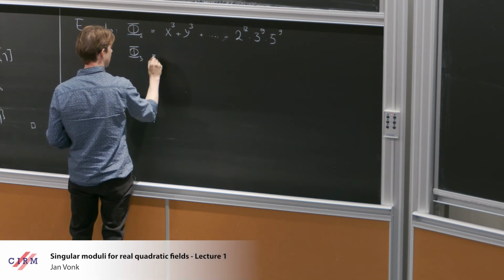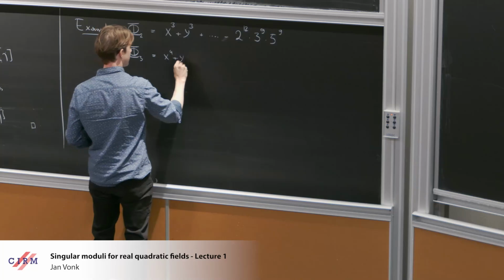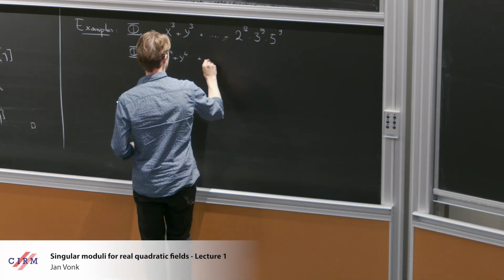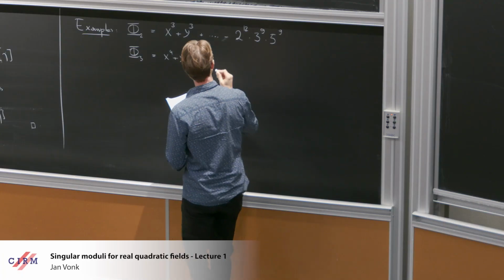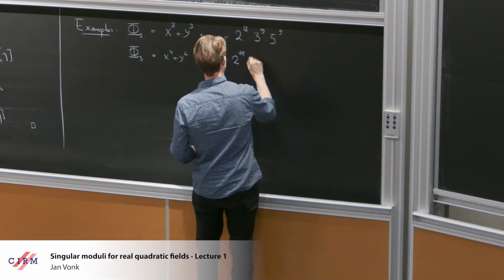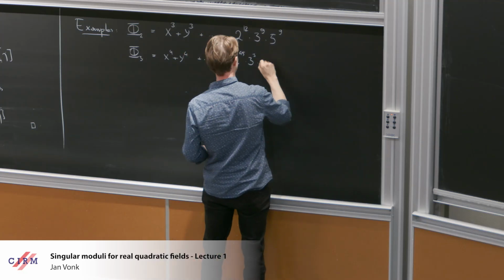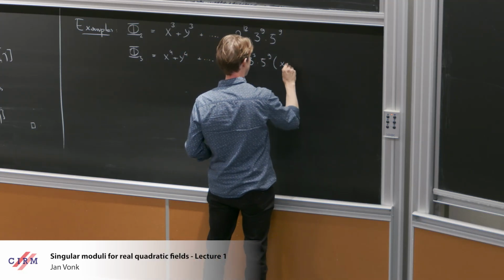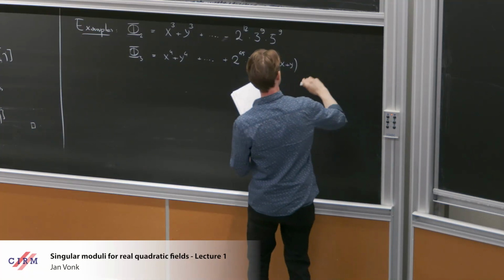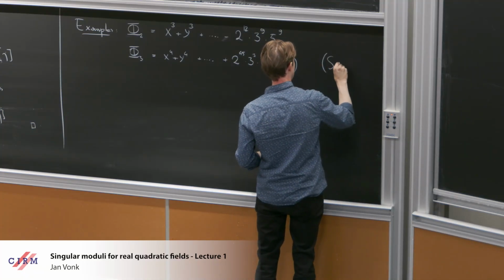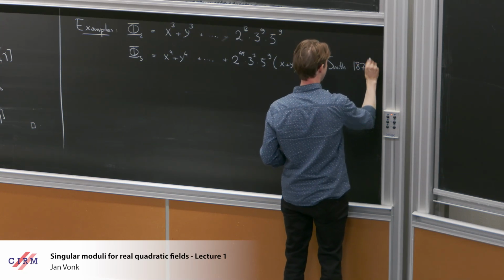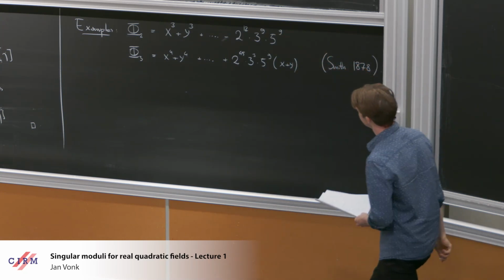That's the factorization. So quite a large number. And the dots are also very large. Okay, phi 3. So this part is quite predictable. You can think about why it will always start off like this. Then I'm not telling you about the middle ones. And then we get 2 to the 45 times 3 cubed times 5 to the 9, X plus y. Now this one was computed by someone named Smith in 1878. Okay.